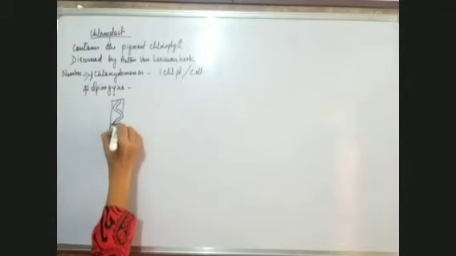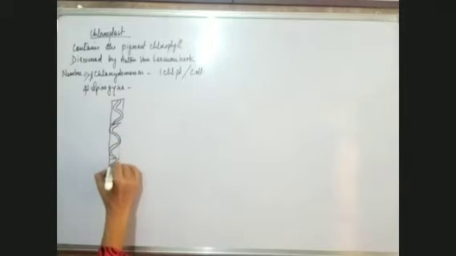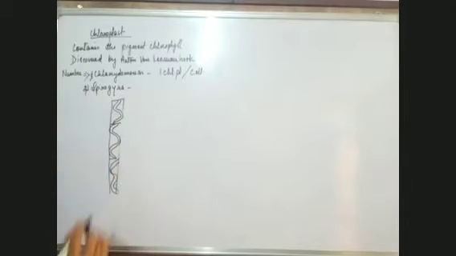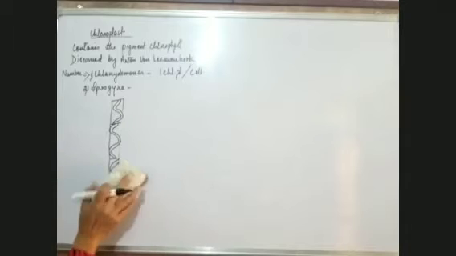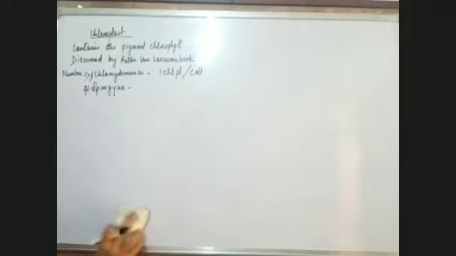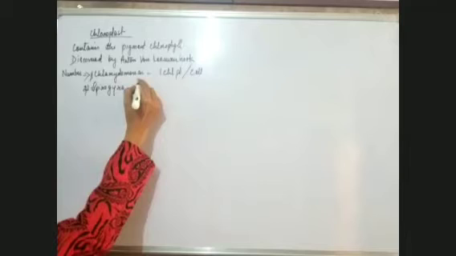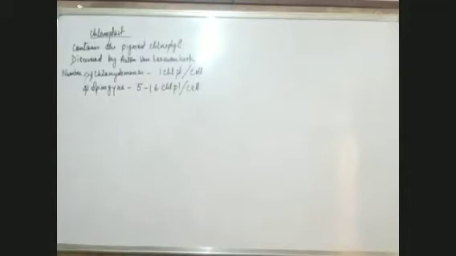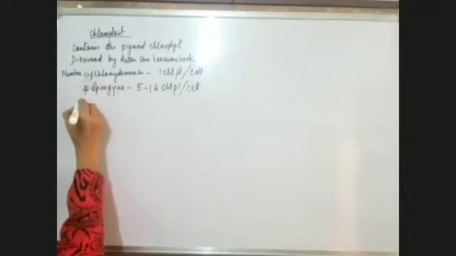So the chloroplast is arranged like this in Spirogyra, and this Spirogyra can have five.